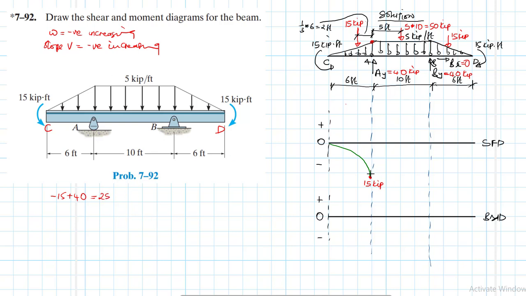So we expect this to rise from here. We expect a rise of up to 25, maybe let's say somewhere there. So let's name this point as 25 kips. All right. And then from that point, we have a distributed load again in between.